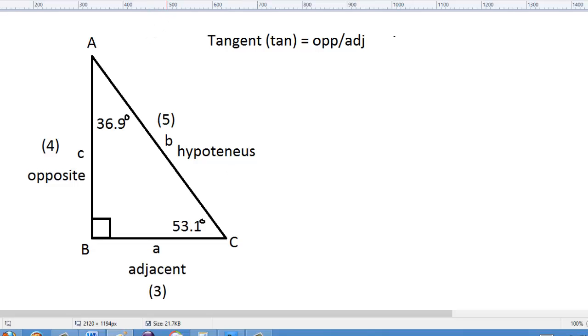So just follow along here. What I can do is say that the tangent of big C is equal to the ratio of the opposite, C, over the adjacent to A, which is equal to 4 over 3.